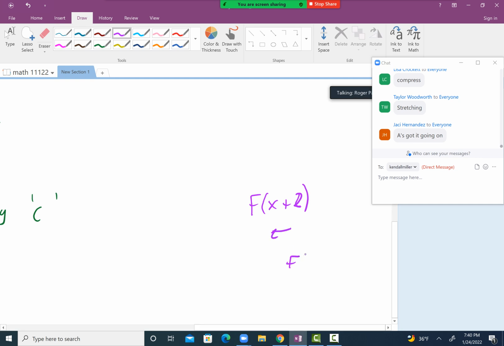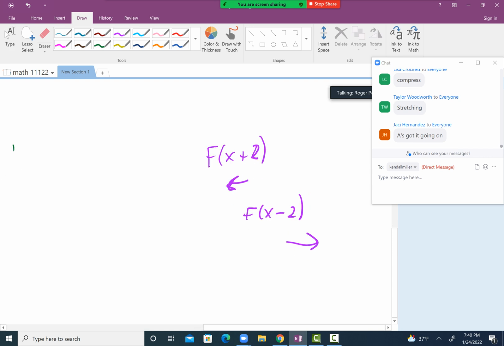If I go f of x minus 2, which way is it going to move it? To the right. Okay, good. So you see, it's kind of the opposite of what's in there.